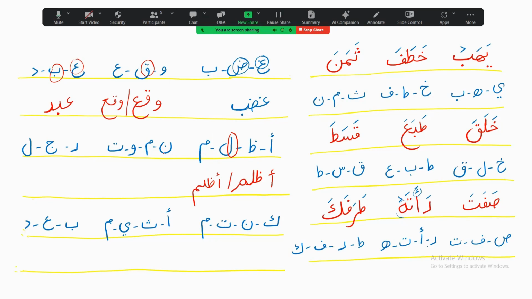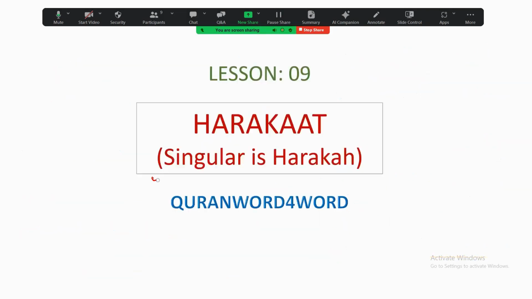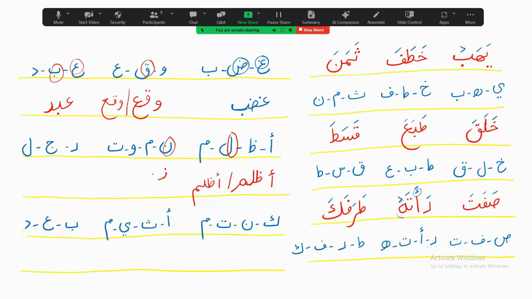Okay, the next again has four letters. The first is the Noon letter, which has a dot on top when we write it in short form. Noon, then the Meme letter, and joining Wow with it, and the last letter. Namoods.